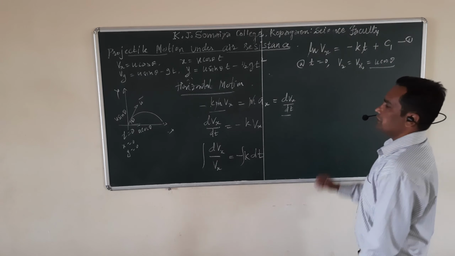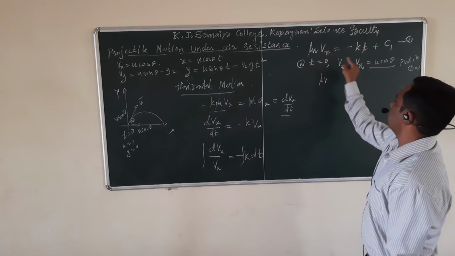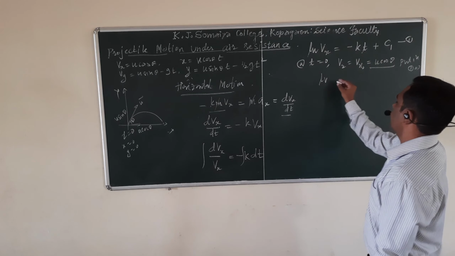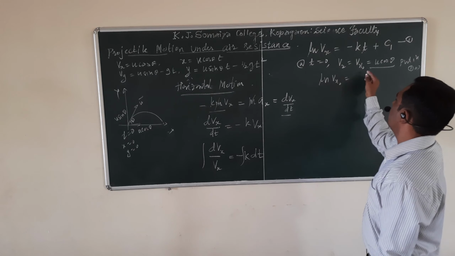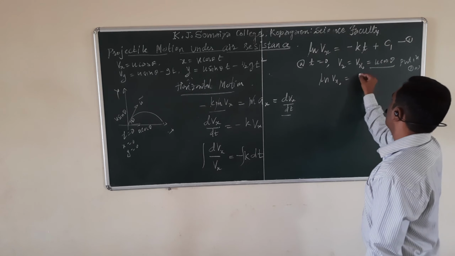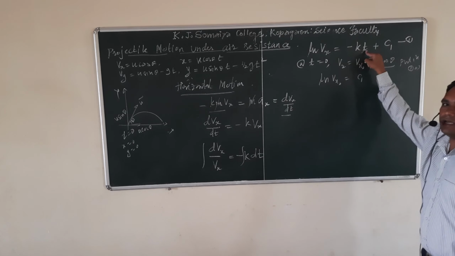At time t equal to 0, the initial component of velocity is u cos theta. So putting it in equation 1, we get ln of vx0 is equal to c1, because when we put t equal to 0, this factor goes to 0.